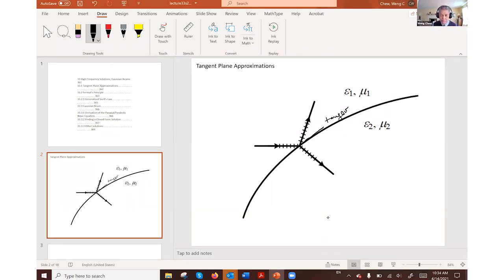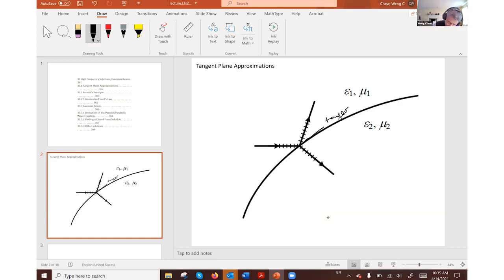And if the wave is locally tangent, then you can more or less assume that the surface is flat, just like many of us thought that the surface of the Earth is actually flat because the radius of curvature is so huge that we don't know that the Earth is actually very, very curved. If you look from far away, it looks like a sphere. And so when the frequency is high, you can make these tangent plane approximations.